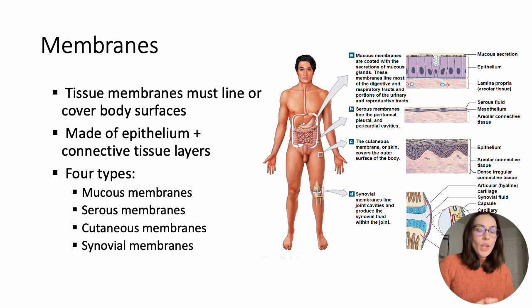These membranes line body cavities and body surfaces for protection and other functions. And there are 4 body membrane types based on their structure: mucous membranes, serous membranes, cutaneous membrane, and synovial membranes.